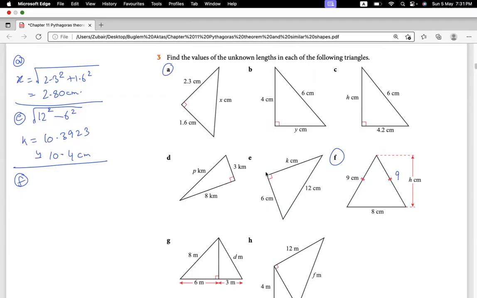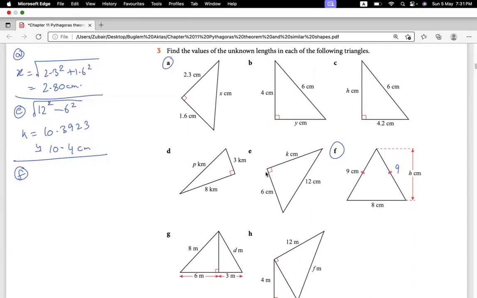So apply Pythagoras theorem. It would be just through the middle. So 9 would be the hypotenuse and 4 would be the perpendicular. So 9 squared is equal to 4 squared plus h squared. 9 square minus 4 square, whole square root is equal to h.